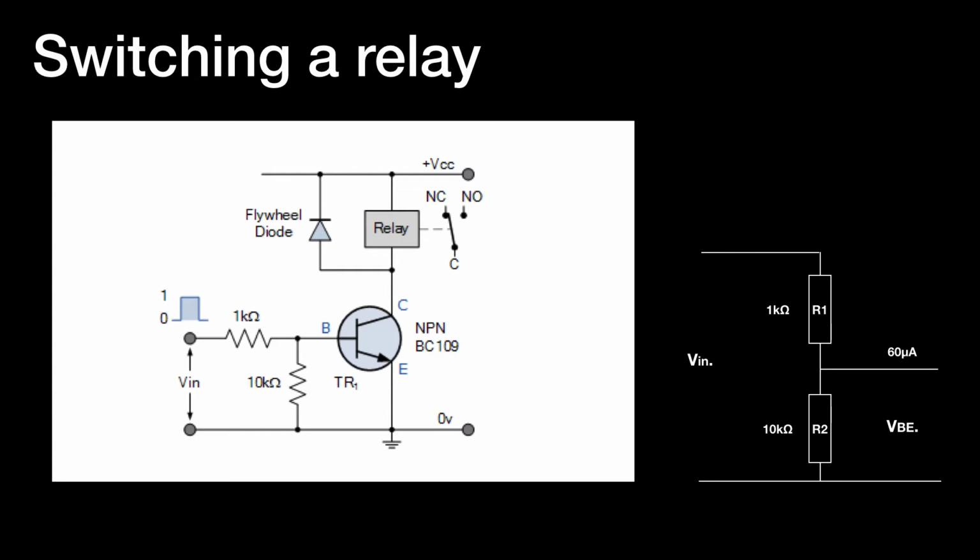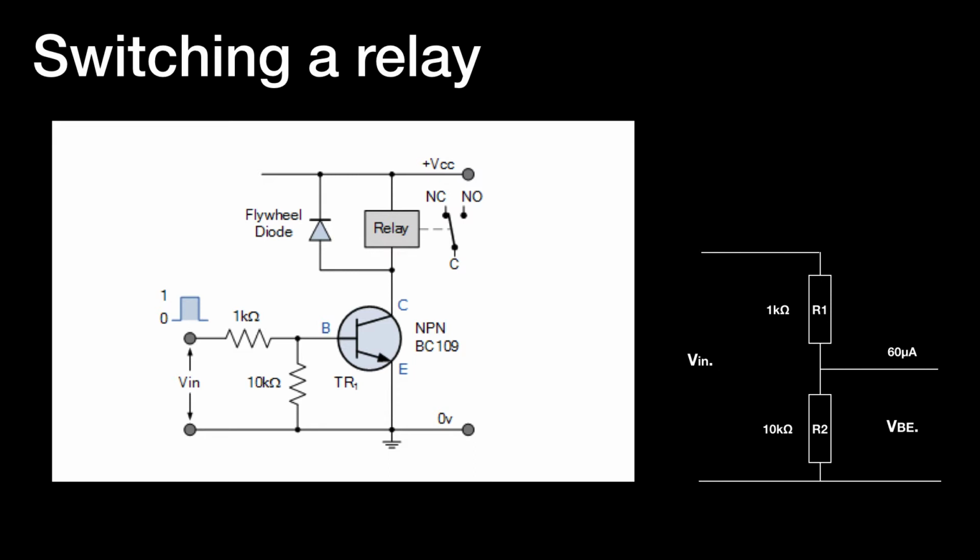And the circuit is shown there on the screen on the left. So the top rail labelled plus VCC, and the bottom rail 0 volt. And there we have an NPN transistor, which is a BC109, a very common and cheap transistor.